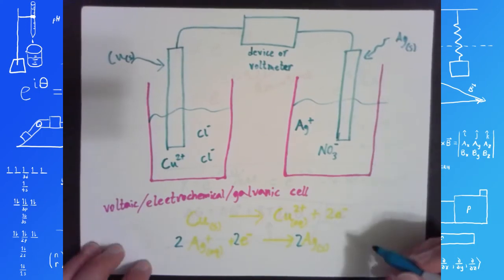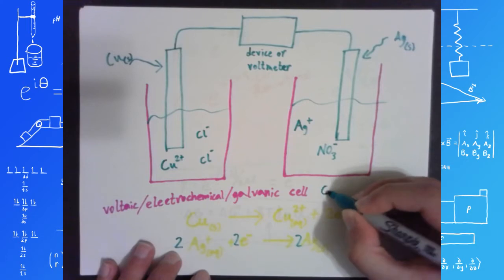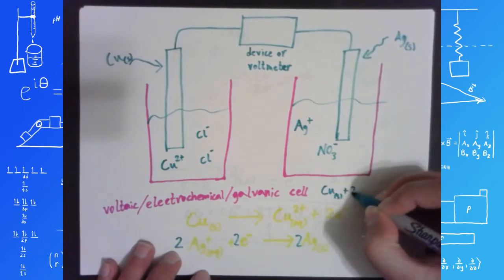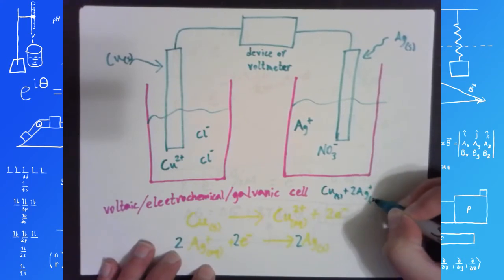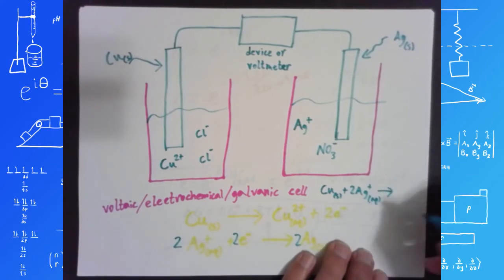So our overall process, I guess I'll write it down here, is solid copper plus 2 silver ion becomes copper ion plus 2 solid silver.